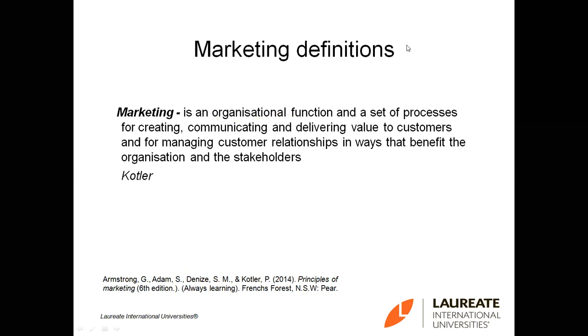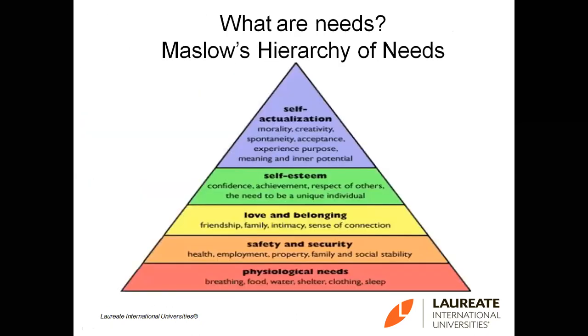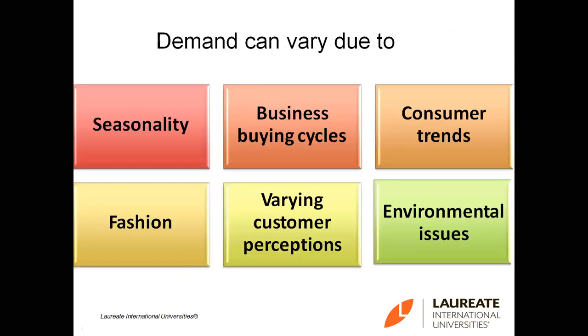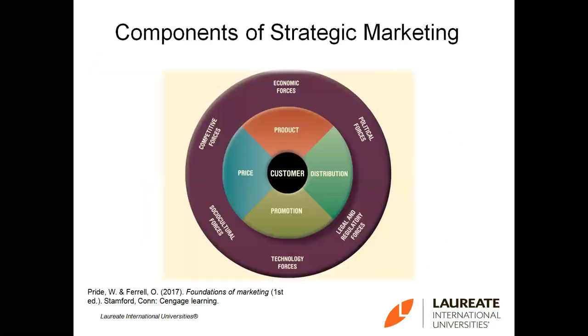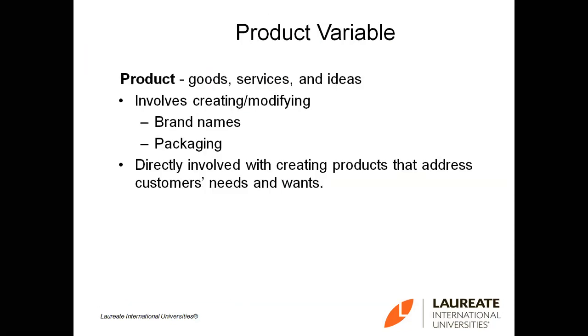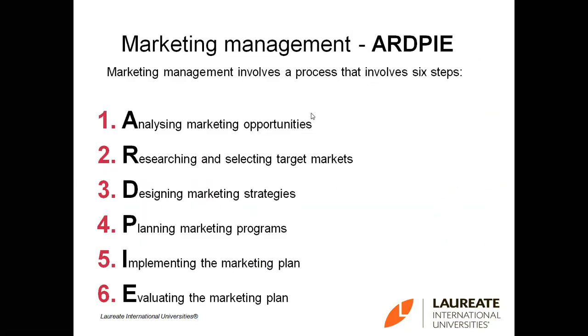All right, like any other business function, marketing also has a process. And if you look at the process in our e-text, by the way, you should be able to access your e-text. We use what we call the ART pie concept, but you don't have to use it here to explain the marketing process.